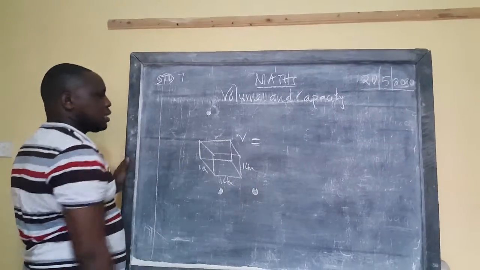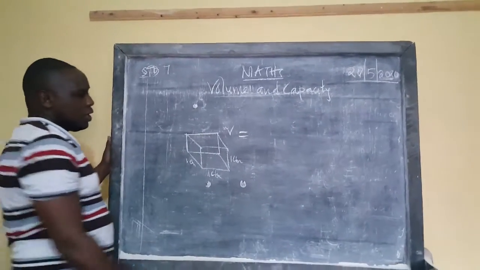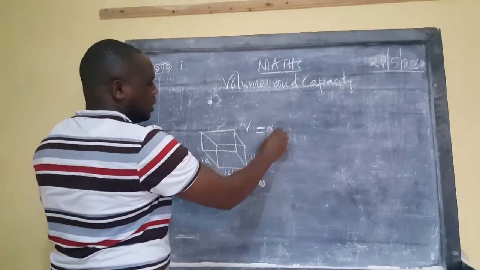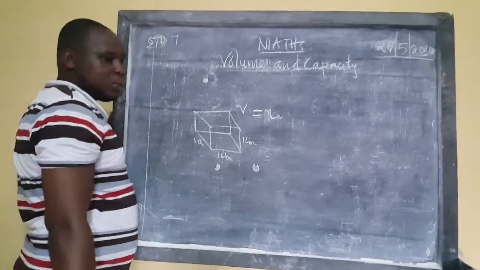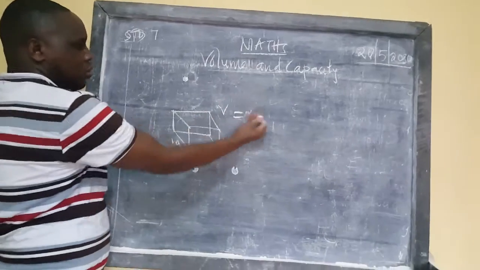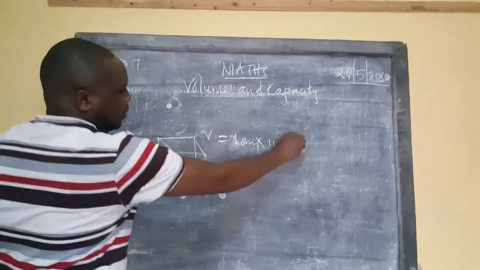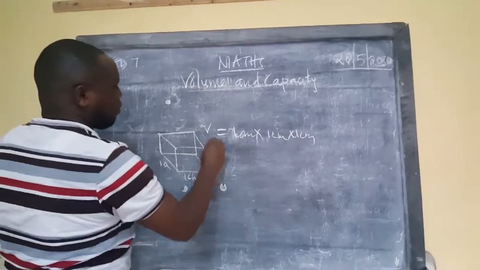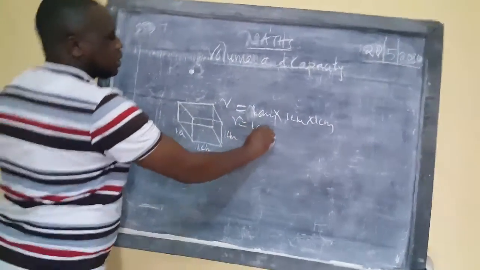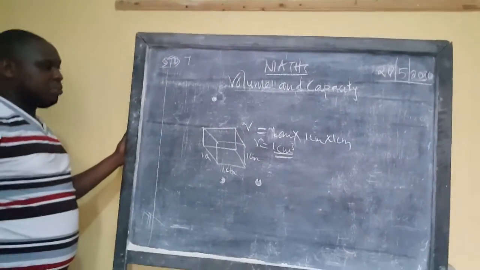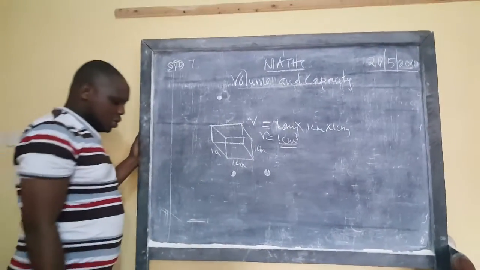To get the volume of this cube, 1 centimeter is the length. And since this one doesn't have a separate length and width, because it's the same, we are going to pick 1 centimeter times 1 centimeter times 1 centimeter. So the volume is going to be 1 cubic centimeter.